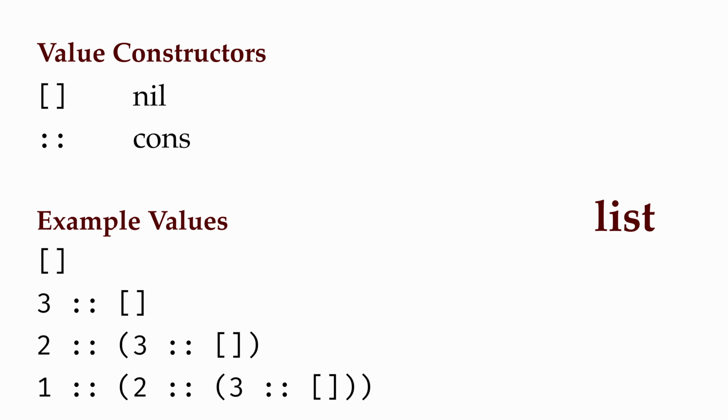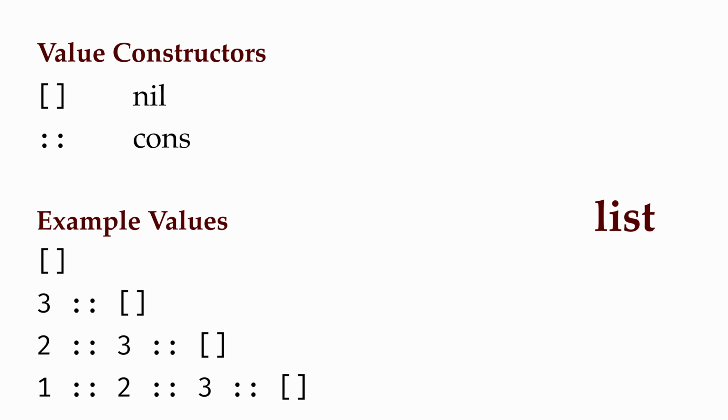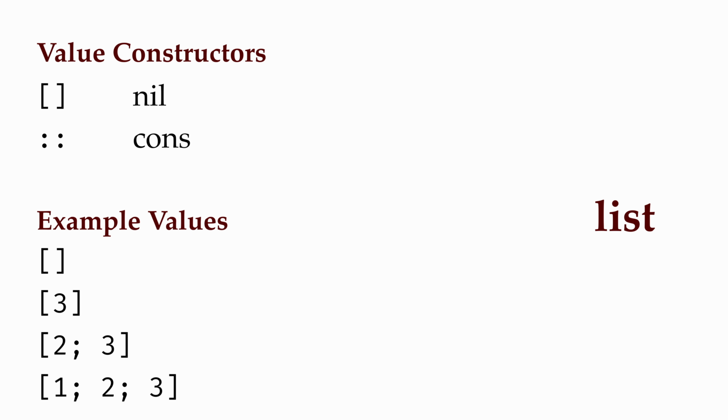First, the cons operator is right associative, so all of these parentheses aren't necessary. The lists still have the correct associativity without them. Additionally, OCaml has some more familiar syntactic sugar for defining lists, where the list items are within brackets and separated by semicolons.